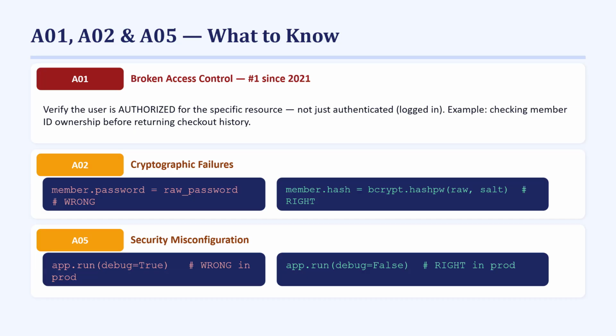The other thing is A05 security misconfiguration. So this is where security settings are left at maybe insecure defaults. So you have a debug mode on in a production environment. You've left default admin credentials on a system. You have extremely verbose error messages that reveal internal information that a bad actor could then use to piece together more ways to attack you.